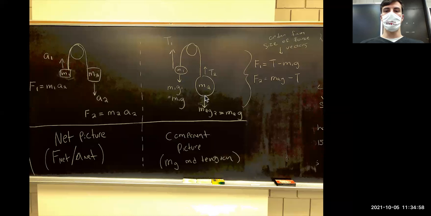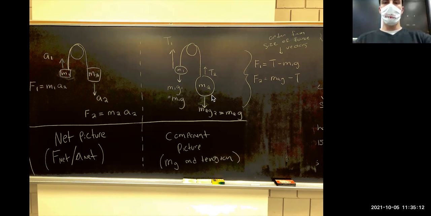This one should be down to this line or so, and that one should be where it is. M2, I don't know why I said G2. I just wanted to draw a parallel between these two things. G is the same for both, so you can cross out that G1, it becomes G. And so the bigger mass has a bigger force downwards than the smaller mass. So this arrow is supposed to be bigger than that one.